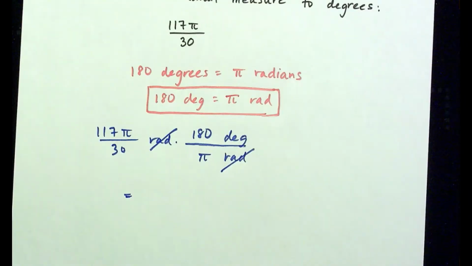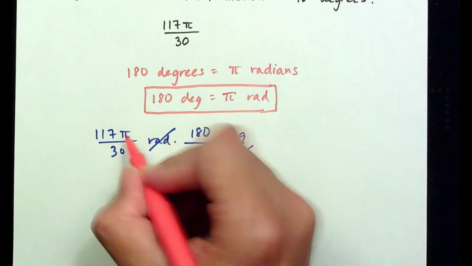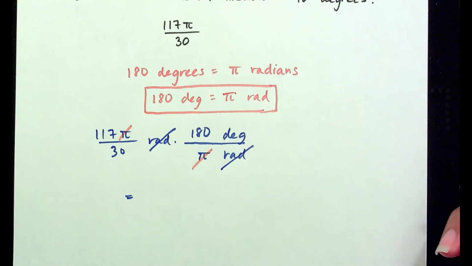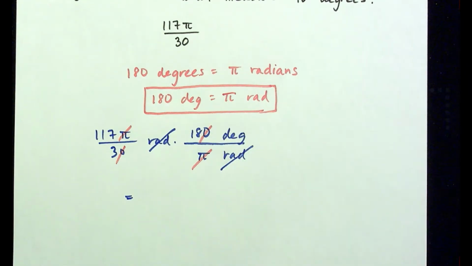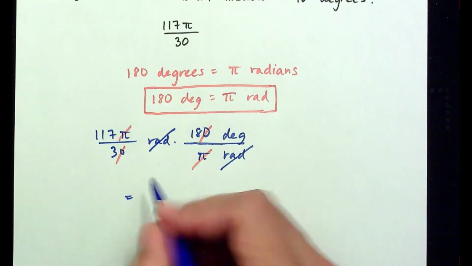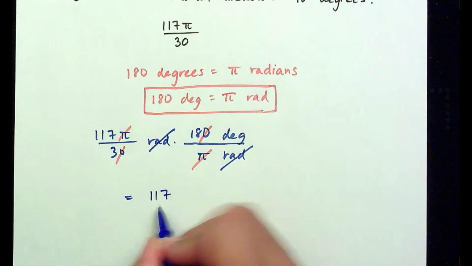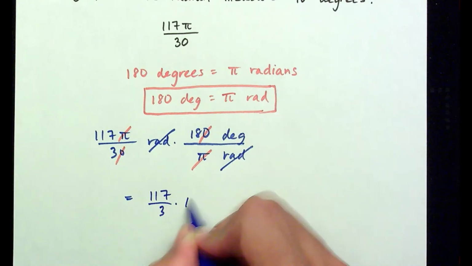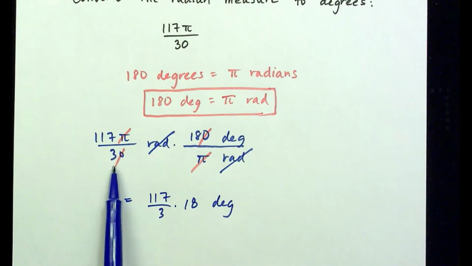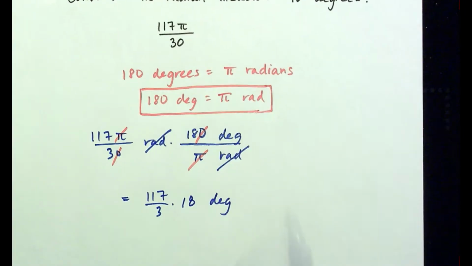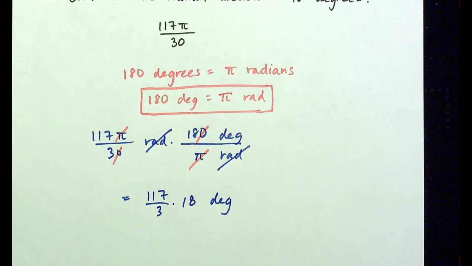Note that the pi's also cancel. I can also cancel a 0. So this would be 117 over 3 times 18 degrees. That's what survives, the 117, the 3, the 18, and the degrees. And we can simplify this a little bit more.